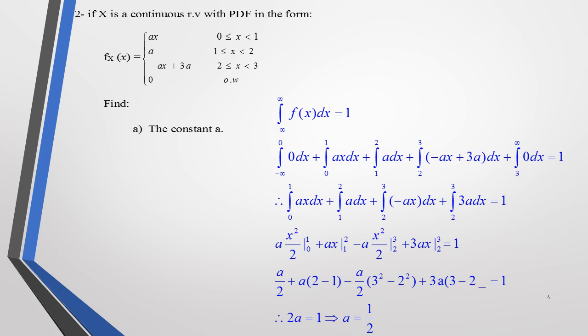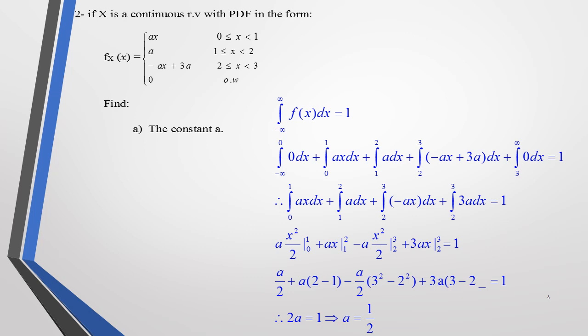The third one equals ax evaluated at 1 and 2. The fourth one can be divided into two integrals, which are the integration from 2 to 3 of negative ax dx plus the integration from 2 to 3 of 3a dx. And the last integral is equal to 0. After carrying out these integrals and adding them, we will end up with 2a equals 1, which implies that a equals half.